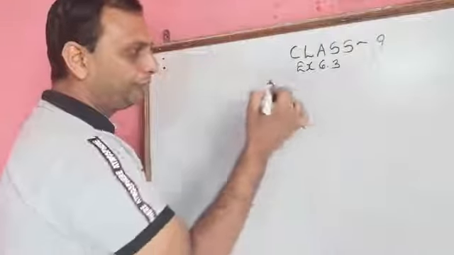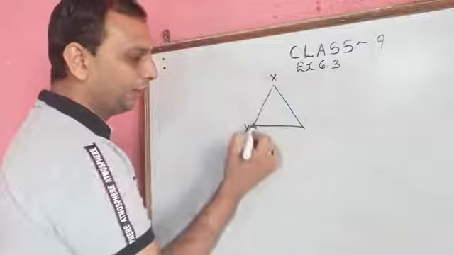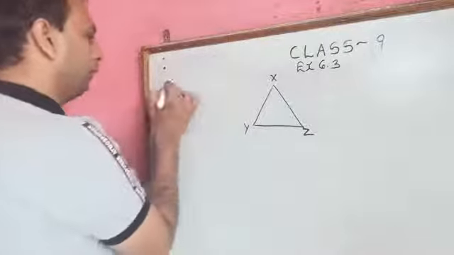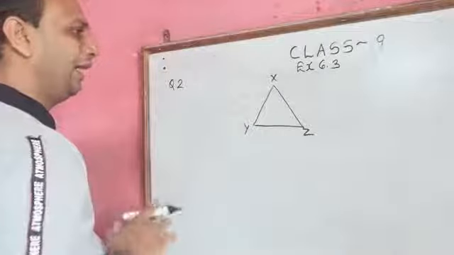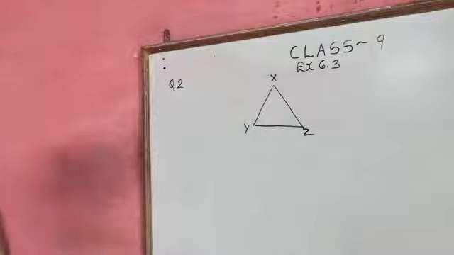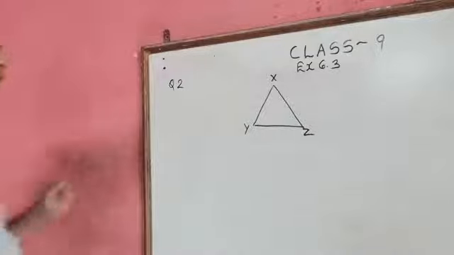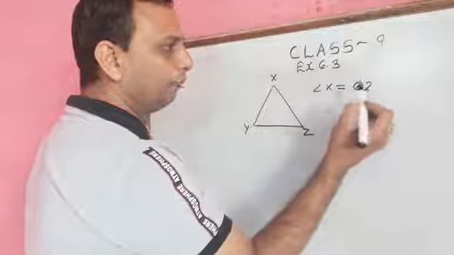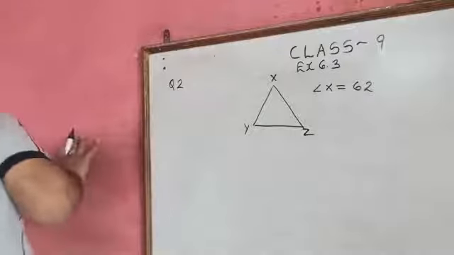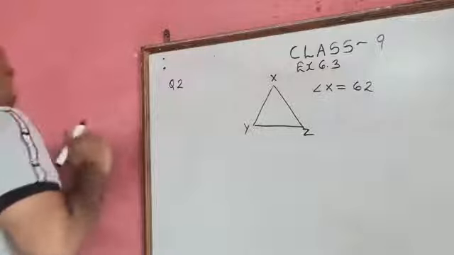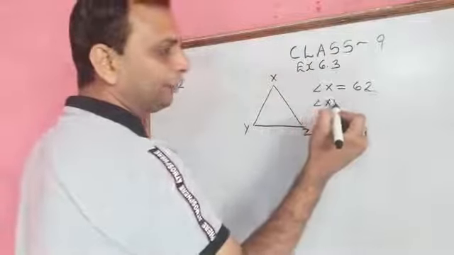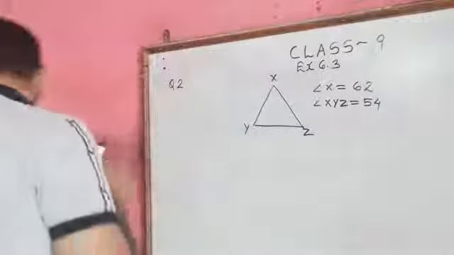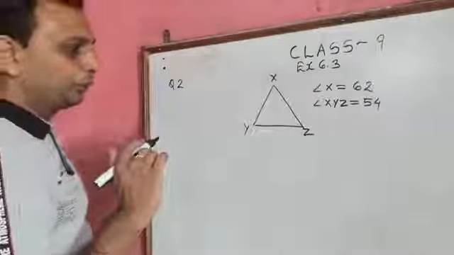Here you can see we have X, Y and Z. In question 2 it is mentioned that angle X is equal to 62, and angle Y, that means angle XYZ, is 54, and we have to find the value of angle YOZ.